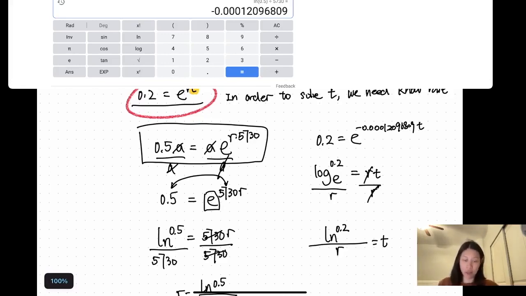We don't need to close up everything. I have ln 0.2 and then divided by our r, which is our answer, right? So I can choose the answer.